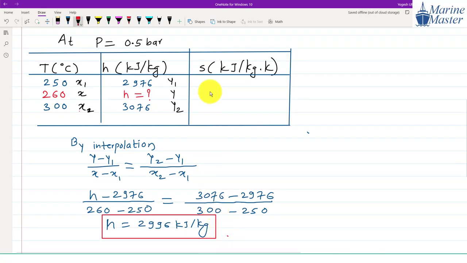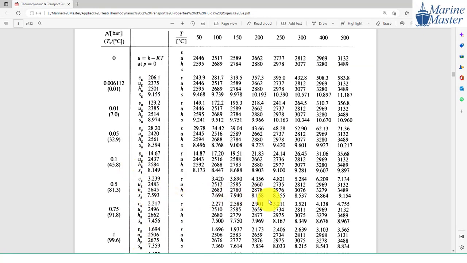Now, what is the next thing? Entropy. For 250 degrees Celsius, the value of entropy is 8.355. Let me check it in the table at 0.5 bar. Yes, 8.355.